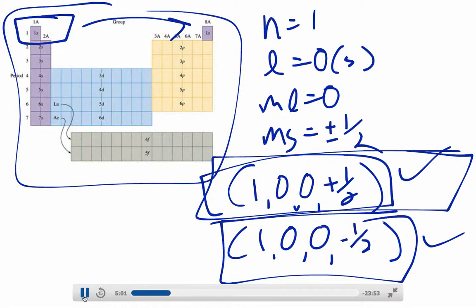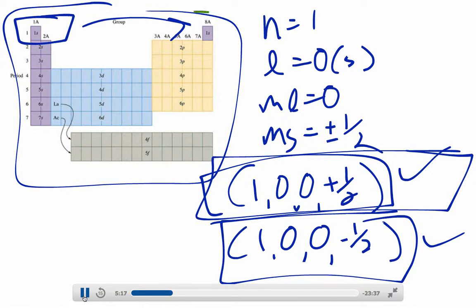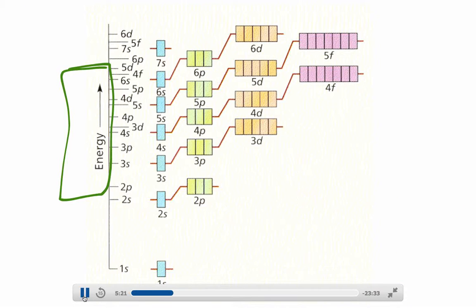So what we could do is write orbital filling diagrams to show what these things look like. A lot of times what our orbital filling diagrams will look like is they'll put energy here. So notice, going back, this is really just the periodic table, the sections of the periodic table, but written in an orbital filling diagram sort of manner where we're relating each of our orbitals to the energy that they have.